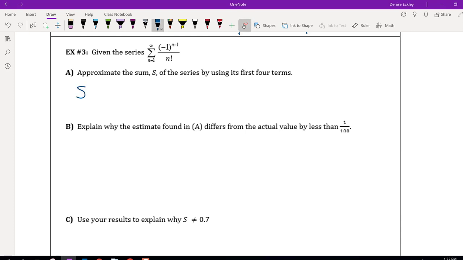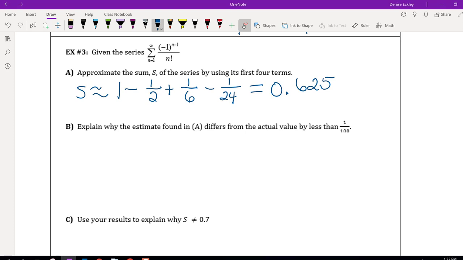So s is going to be approximately equal to, if I put 1 in, I get 1, and then minus 1 over 2 factorial, which is 2, plus 1 over 3 factorial, which is 6, minus 1 over 4 factorial, so I'm just going to take the 6 and multiply that times 4, so I get 24. And when I add those together, I get 0.625.